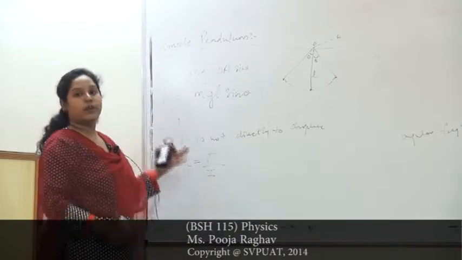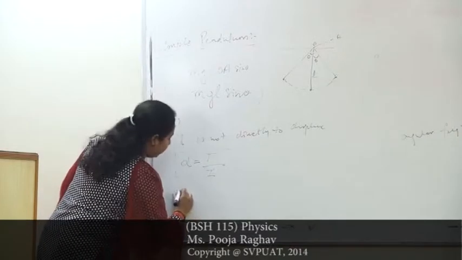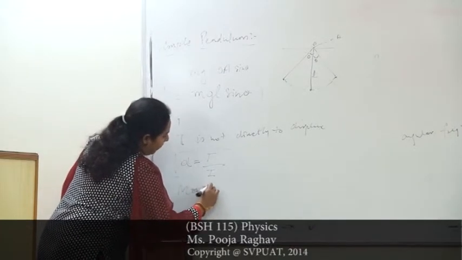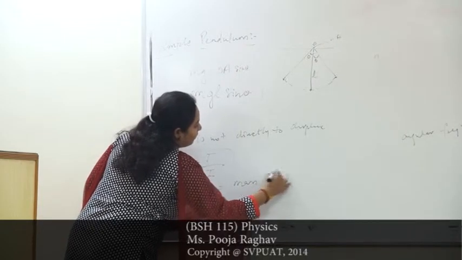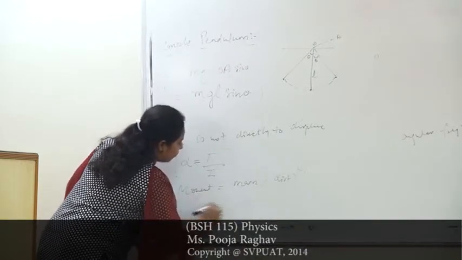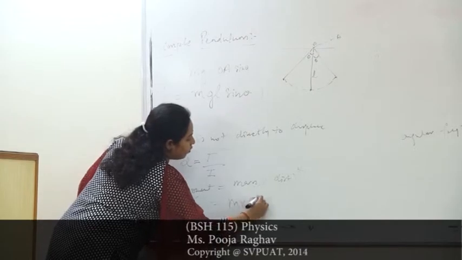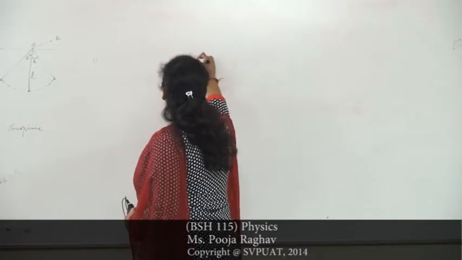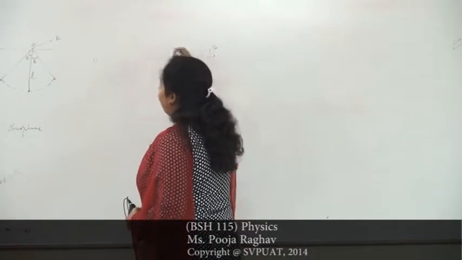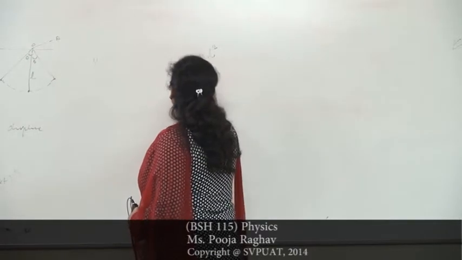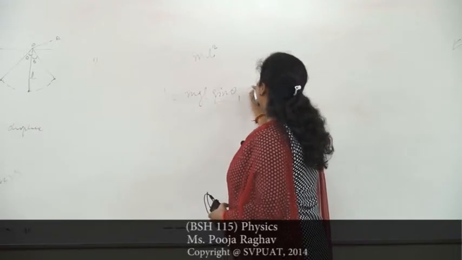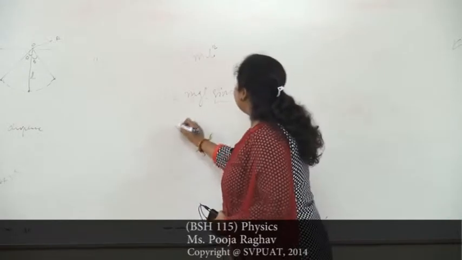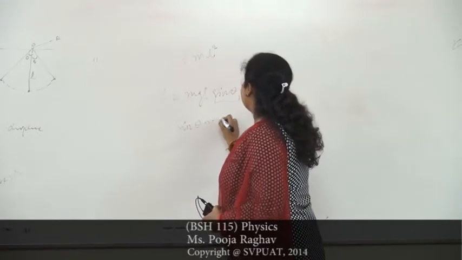Here we calculate the moment of inertia, that is mass into distance square, I equals m into L square. I equals ml square and torque equals mgl sin theta. We know that sin theta is a very small quantity, so it will be equivalent to only theta.